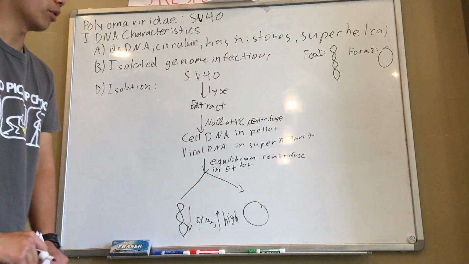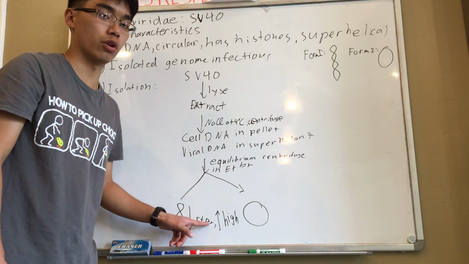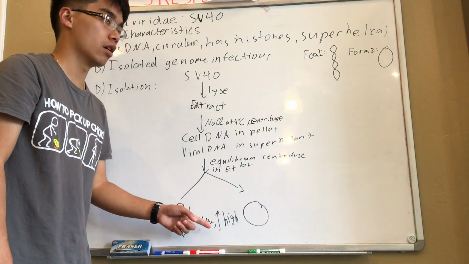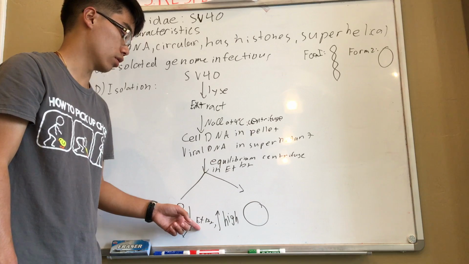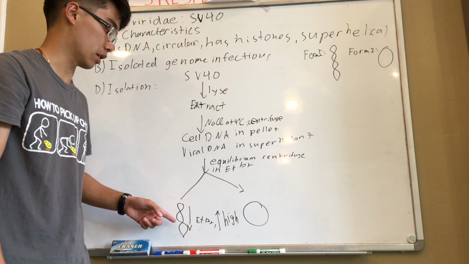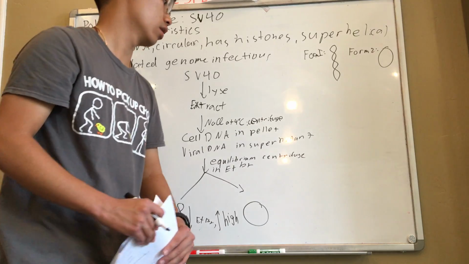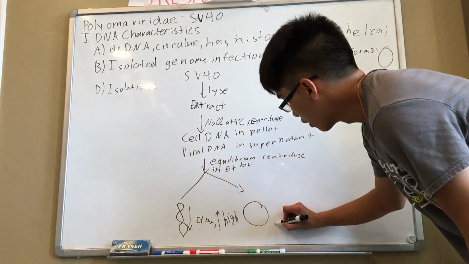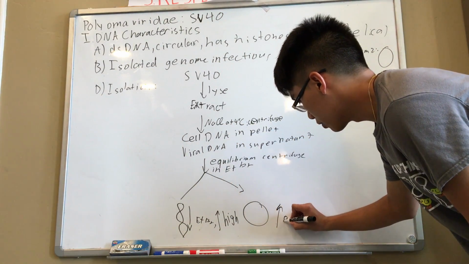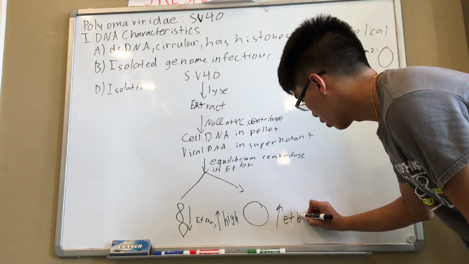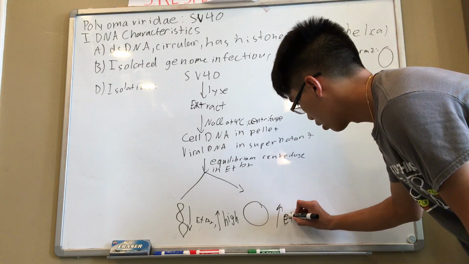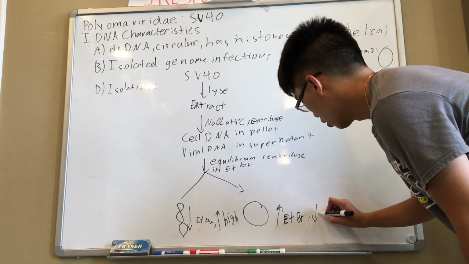You might think, wait, if there's less ethidium bromide, how can density be higher? Well, it's higher because its raw density, the original density of the virus, isn't polluted by something that's less dense. Here, you have the exact opposite: high ethidium bromide, lower density.